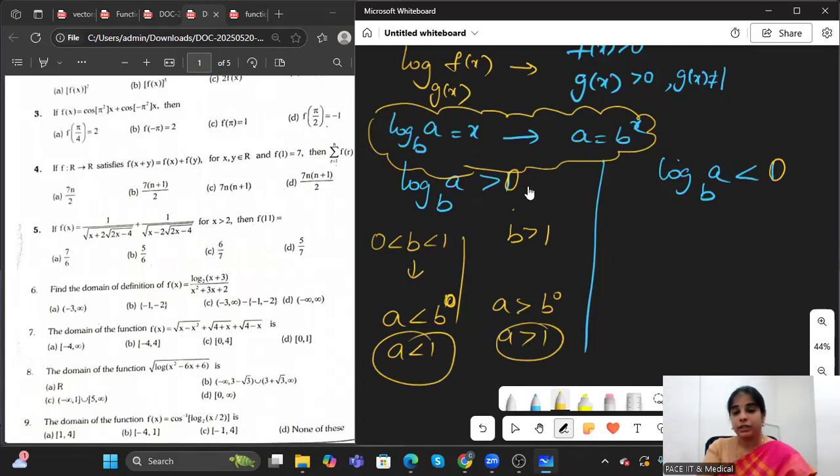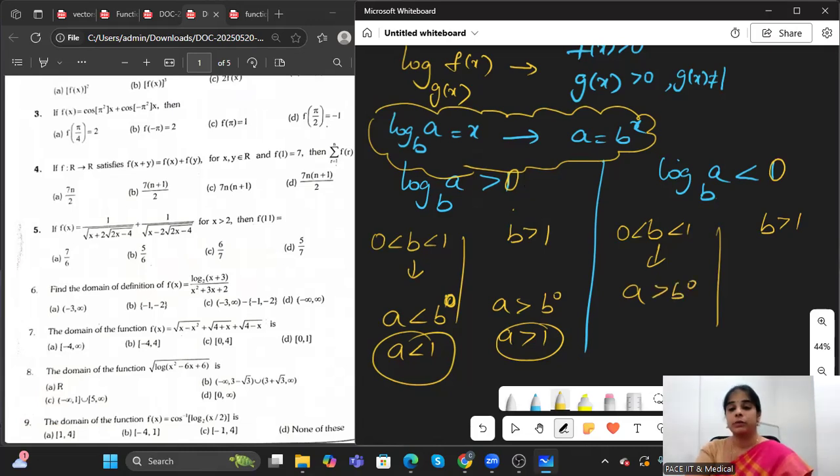Clear? Now coming to the case when log a base b is less than 0, then what? Here also two cases arise: when the base is in between 0 and 1, and when the base is greater than 1. In between 0 and 1, obviously the inequality will change while shifting that value. So a is greater than b to the power 0, or a is greater than 1. Now, when the base is greater than 1, what do we get?